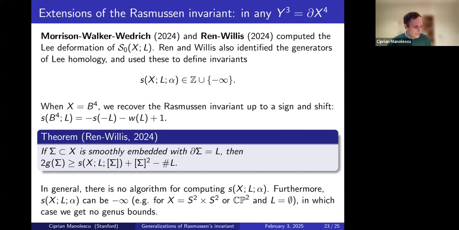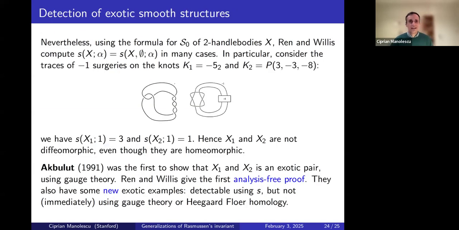All right. Nevertheless, it had a really striking application. I mean, I know Ren gave a talk yesterday, but I'll just review it. So using the formula for the two handle bodies, you can look at some simple two handle bodies, namely surgeries on a single knot. So you just attach a handle along this knot.